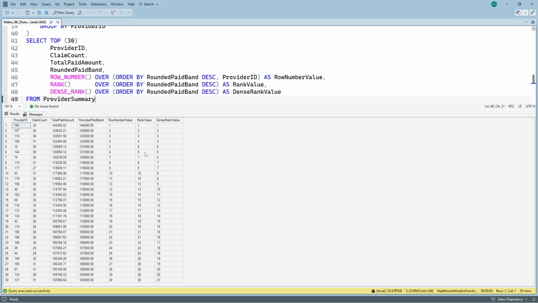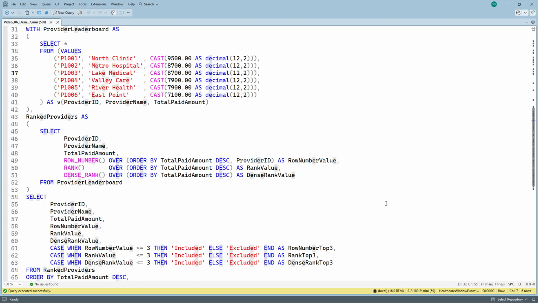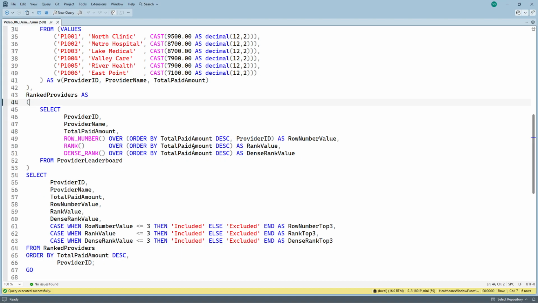In real work, the ranking expression must match the actual business definition. This demo is where the ranking function becomes a business decision. Suppose someone asks for the top three providers. That sounds simple. But what if there are ties? Row number less than or equal to 3 gives exactly 3 rows.